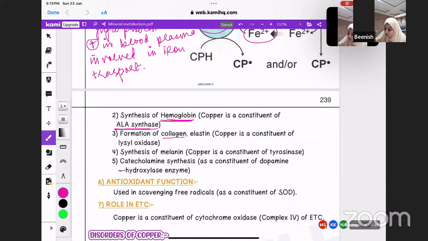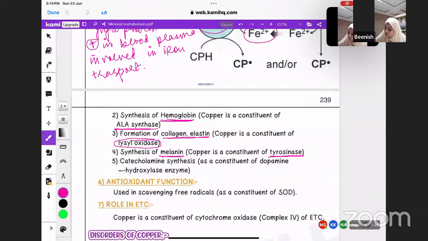Now, formation of collagen and elastin, how is this hampered? Because copper is an important constituent of lysyl oxidase in collagen synthesis. Now, synthesis of melanin, how? Because copper is also an important constituent of tyrosinase, an important enzyme in melanin synthesis.